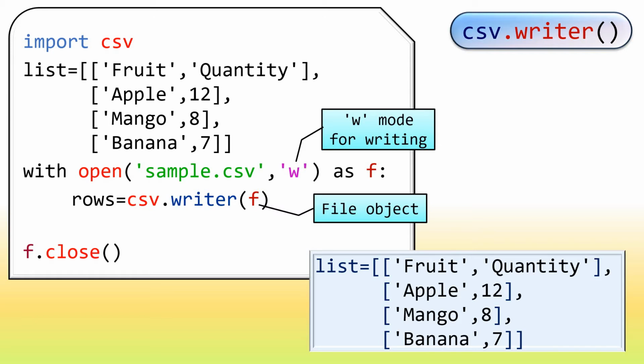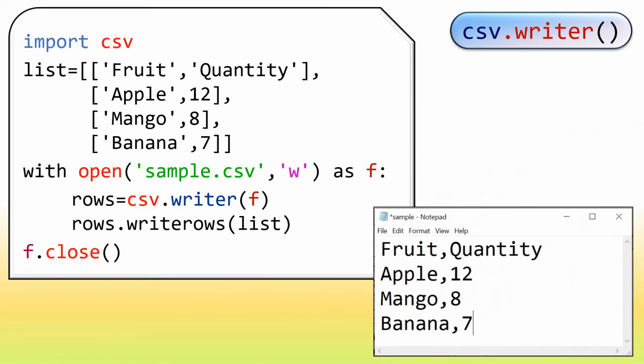And then rows.writerows(list). In rows.writerows(list), list is the list object which contains the data. After executing this program, when you open sample.csv in Notepad, you will see that the data in this list is written in the sample.csv file as follows.